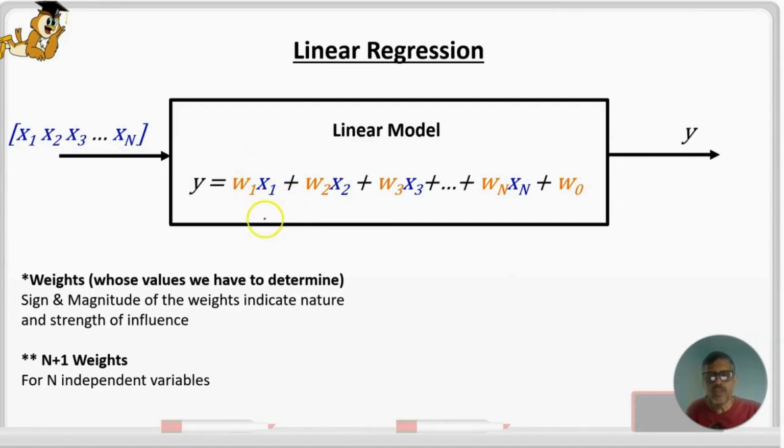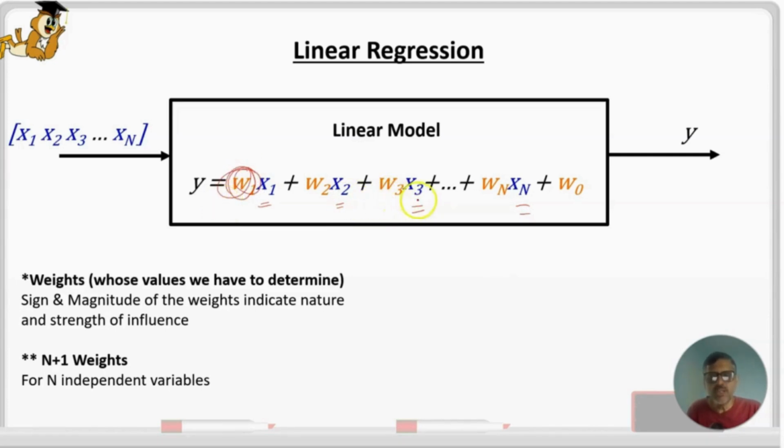For example, if the dynamic range of variables x1, x2, x3, etc. was roughly similar, then the weight for the independent variable which has the maximum influence is going to be higher. So it is going to be weighted the highest.